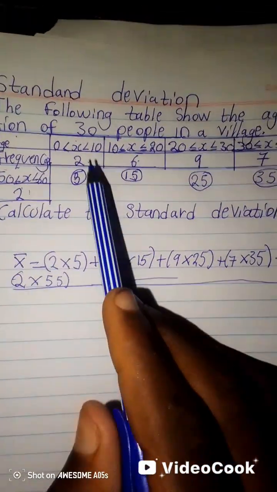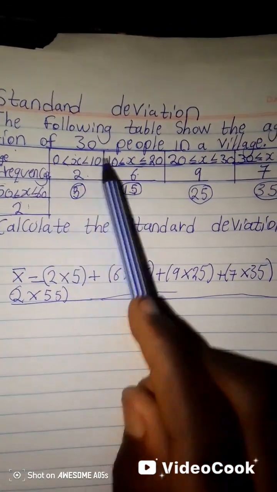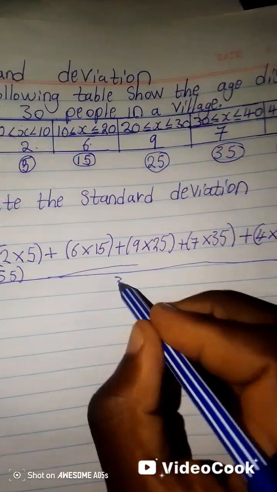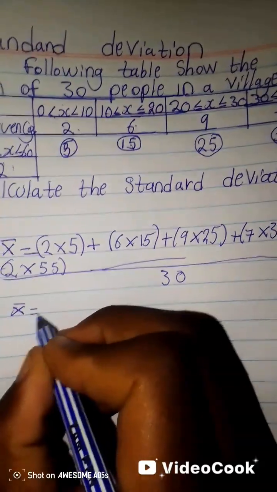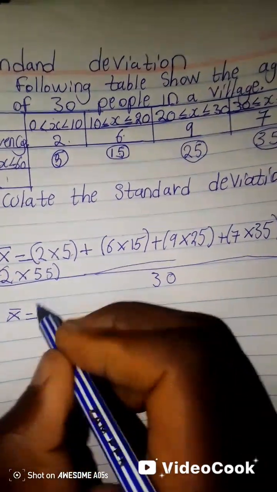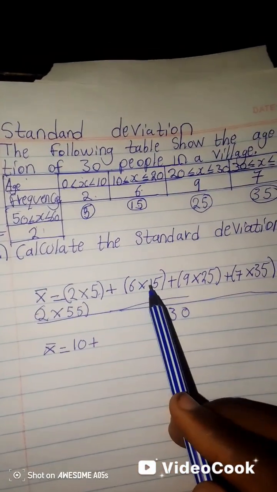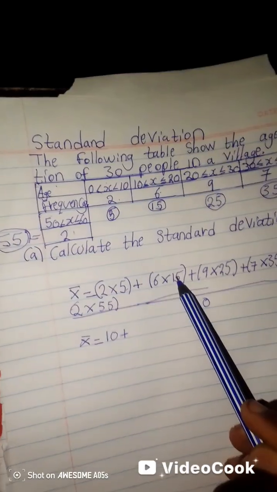When you add 2 plus 6 plus 9 plus 7 plus 4 plus 2, you are getting 30, which is the total frequency. So the mean is equal to 2 times 5, 10, plus 6 times 15.